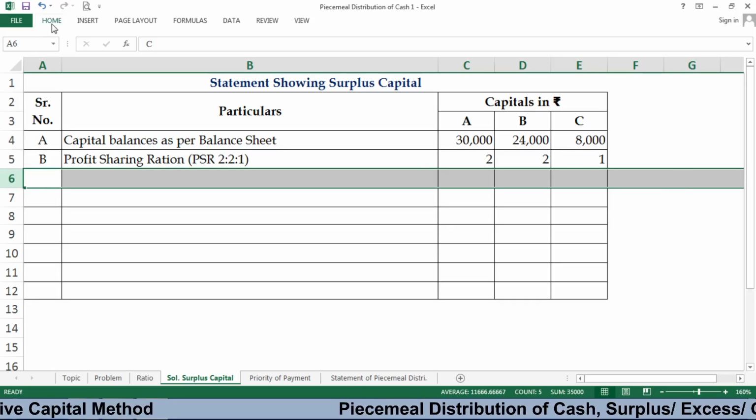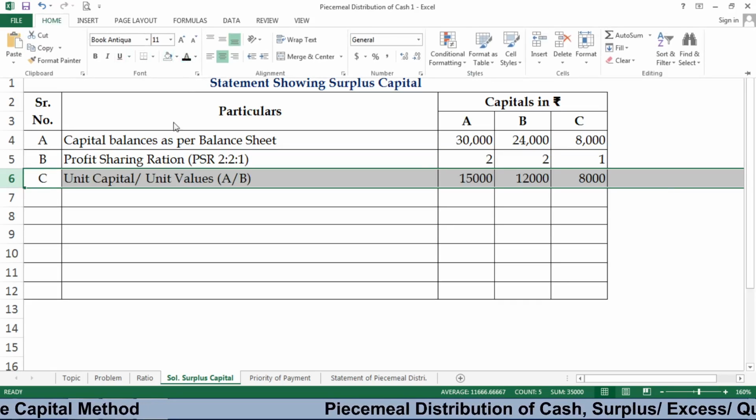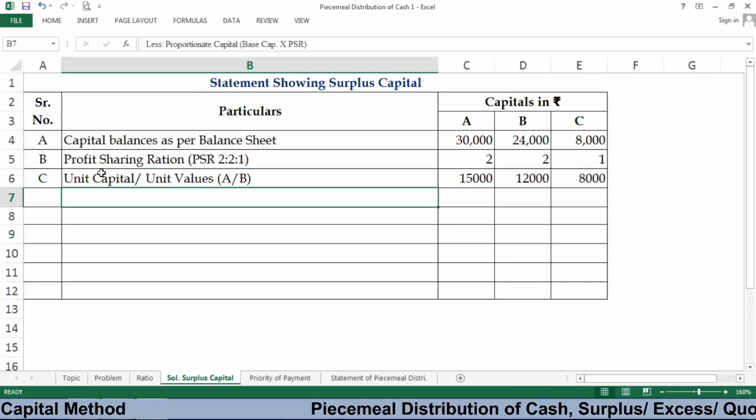After that, we have to calculate the unit value. What is unit value? Unit value is nothing but the capital balance divided by the concerned person's profit sharing ratio. Here, the capital of A is 30,000 and the ratio of A is 2. So, 30,000 divided by 2, it comes to 15,000.